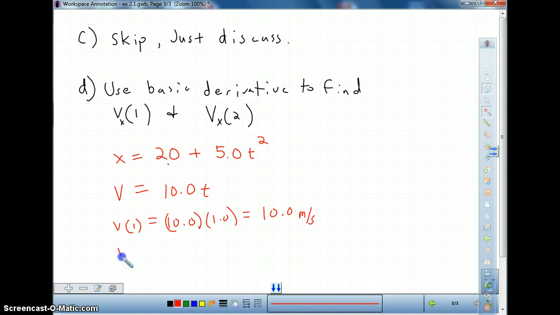Then if we want to know the instantaneous velocity at that moment at 2 seconds, we use the same equation and just plug 2 seconds in there. So we've got 10.0 times 2.0, which is obviously going to be 20.0 meters per second.